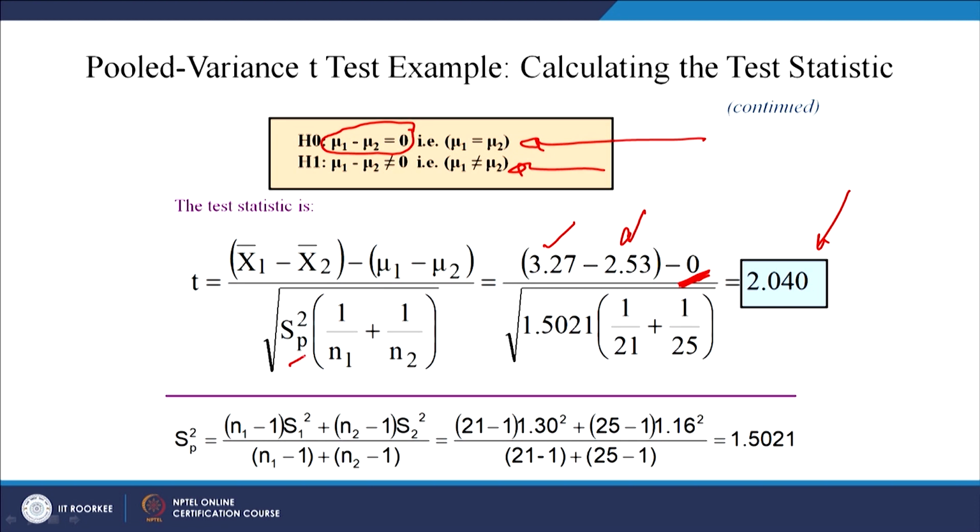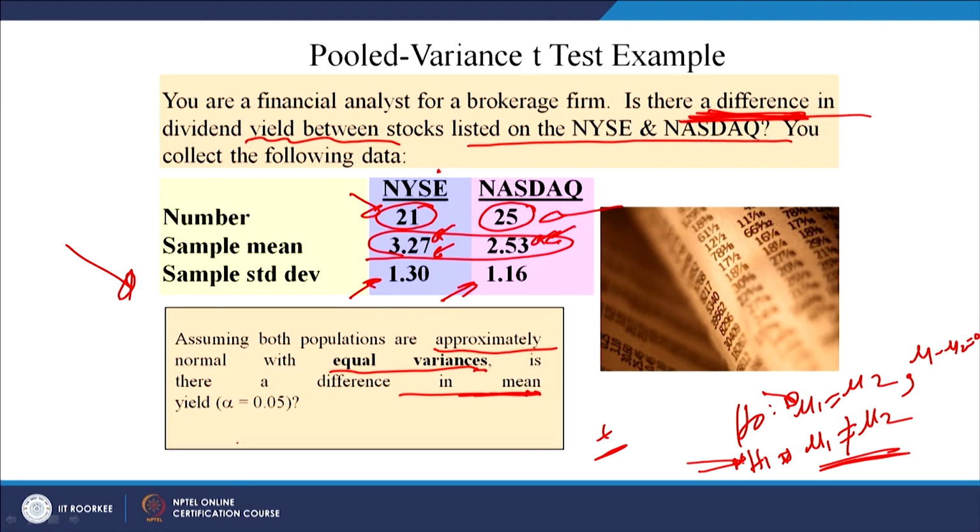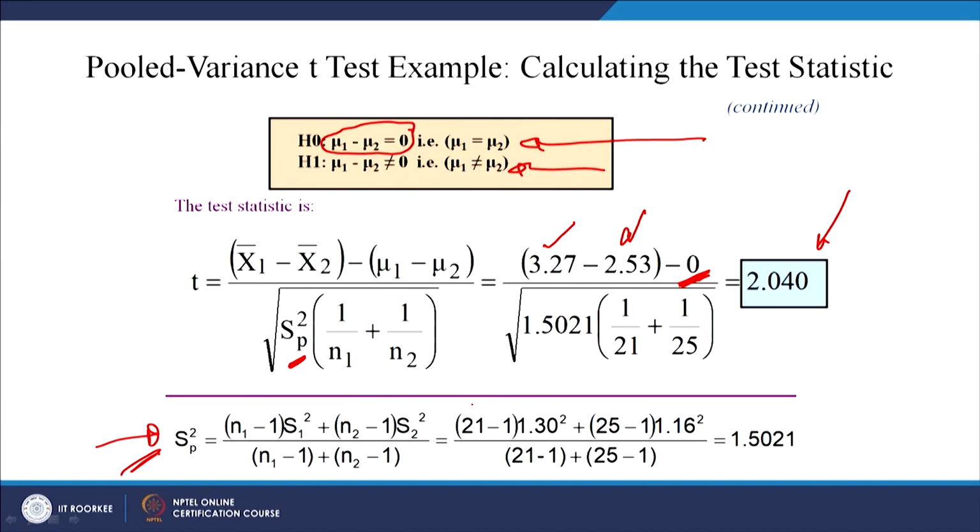This is pooled variance. So, first calculate this pooled variance. N1 is 21, N2 is 25. So, 21 minus 1 and 25 minus 1, this is variance, not standard deviation. S1 square is variance.